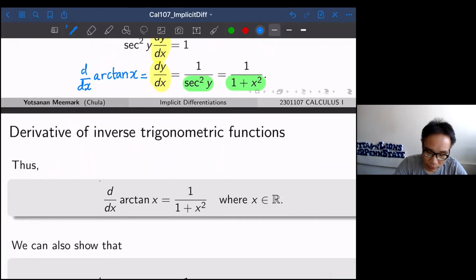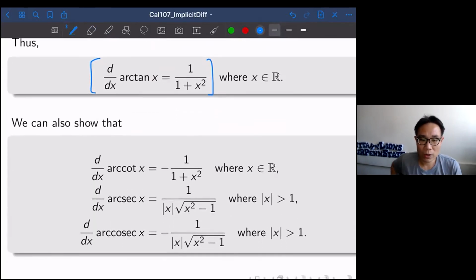This will be an important formula, and we can show that the derivative of arccot x equals negative 1 over 1 plus x squared. The similar technique can be used to show that the derivative of arcsec x equals 1 over absolute value of x times square root of x squared minus 1, and the derivative of arccosec is going to be negative.